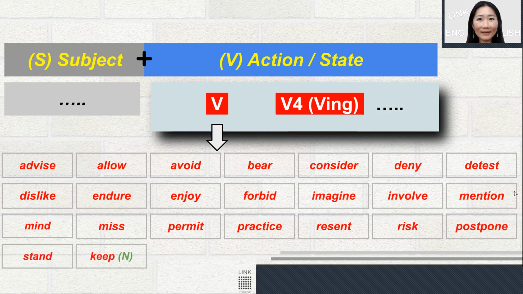This verb stand means tolerate. It's informal, so it is more often used in everyday English. And the verb keep can come with or without a noun.